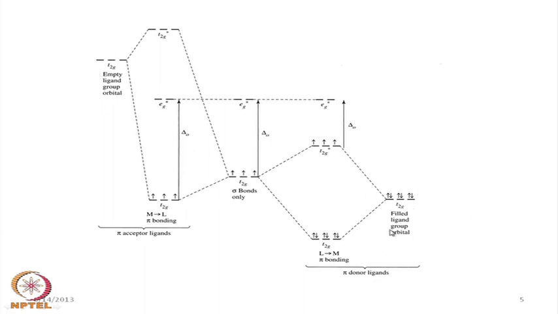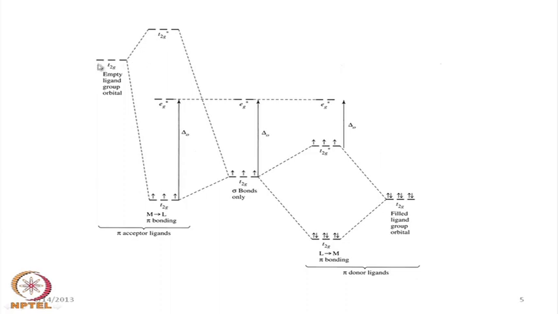When these are filled they are of low energy, but when they are empty they are of high energy. So, when they are filled we get the corresponding pi donation, and when they are empty we consider these ligands good pi acceptor ligands, such as carbon monoxide. So, we have metal to ligand pi bonding.